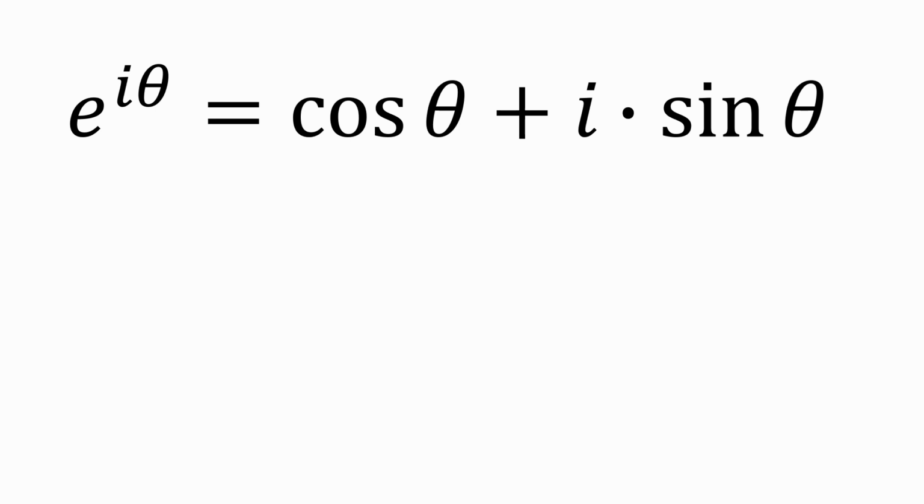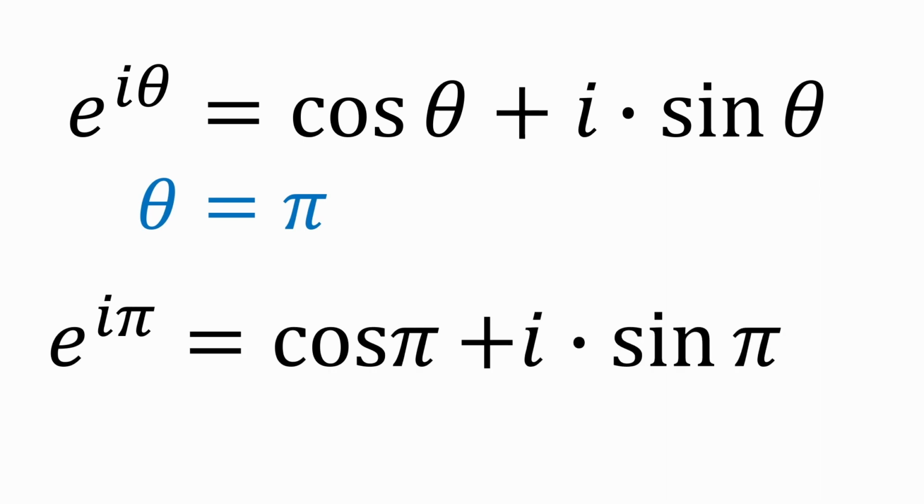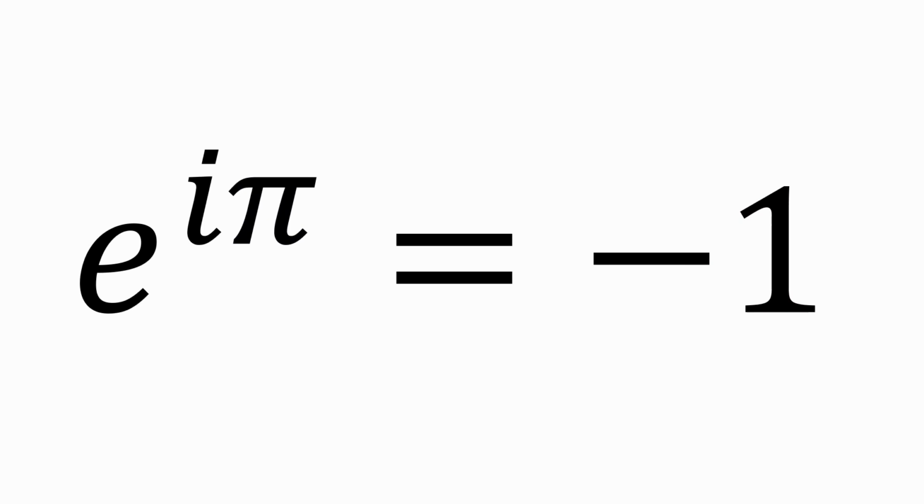But first, let's take a tiny tangent and let me quickly show you one of the most celebrated equations in all of math, which we get using Euler's formula. If we just let theta equal pi, then we get e to the i pi equals cosine pi plus i sine pi. Notice that cosine pi is -1 and sine pi is 0. And we get this magical little identity, widely regarded as one of the most beautiful equations.